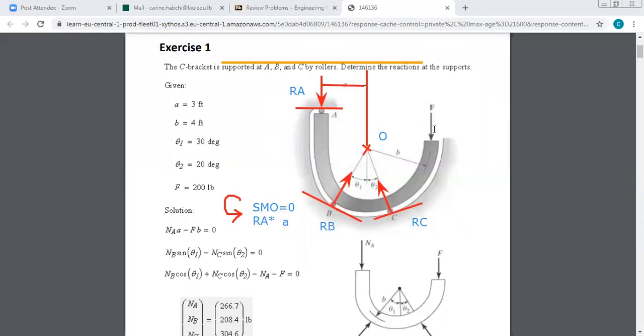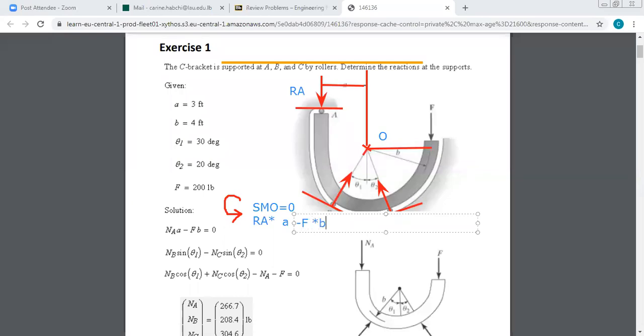Now for F, F is rotating about O in the clockwise direction, so it's minus. And I should multiply F by the distance from O to the line of action of the force. This distance is equal to, as you can see in the figure, B. So I do here minus F times B equals to 0.